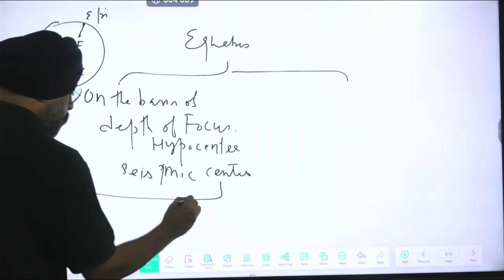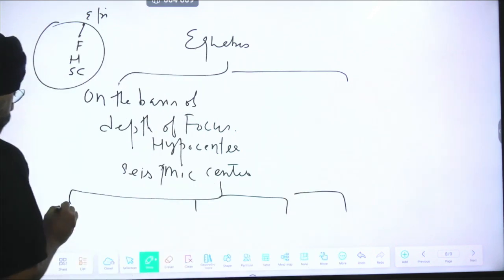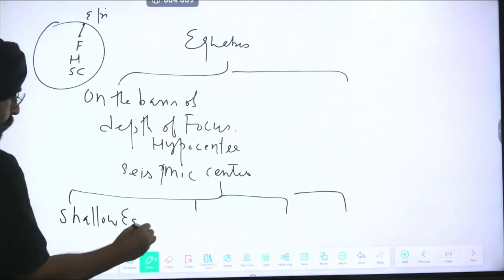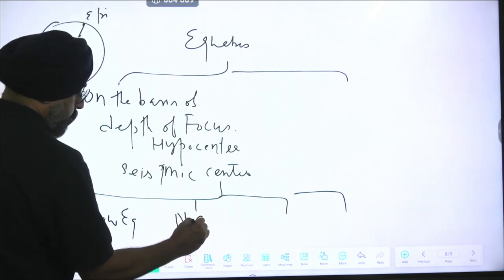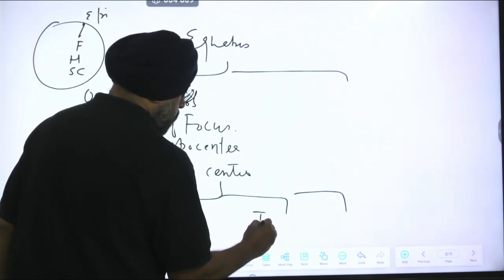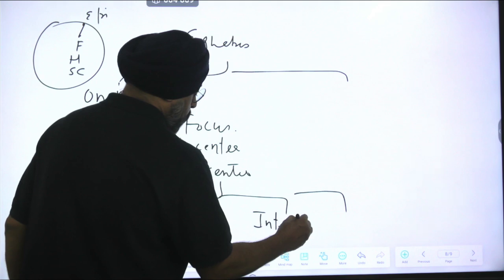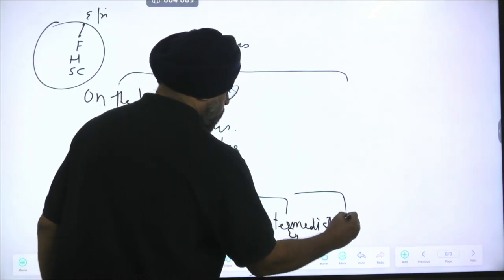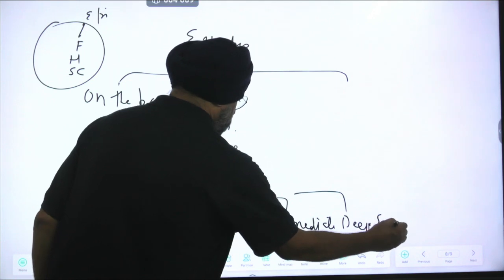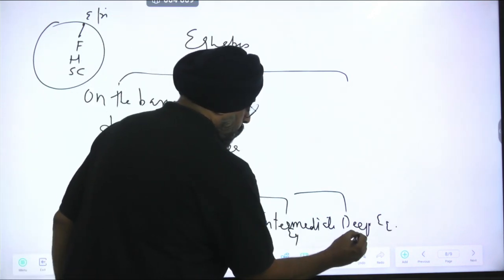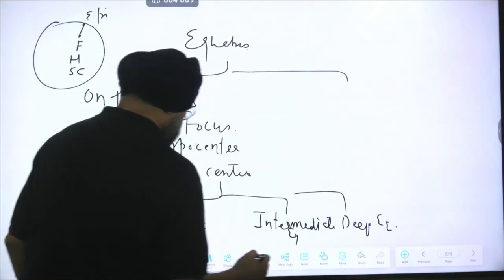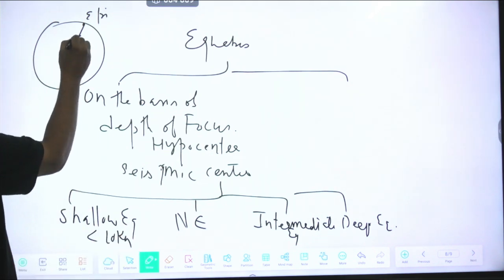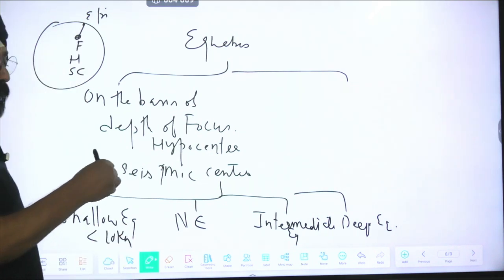Four parts: shallow earthquake, normal earthquake, intermediate earthquake, deep earthquake. Shallow is less than 10 kilometers, the depth of the focus from where the earthquake activity has started.